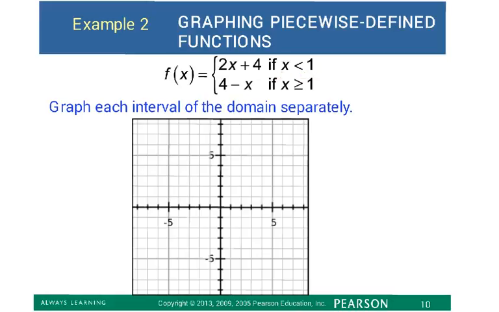So for everywhere x is less than 1, we're going to graph 2x plus 4. So I'm going to graph that part, and the way I'm going to start is by finding where the graph of 2x plus 4 ends, which is at 1. But remember also this is a less than symbol, and there's no equal to underneath it.